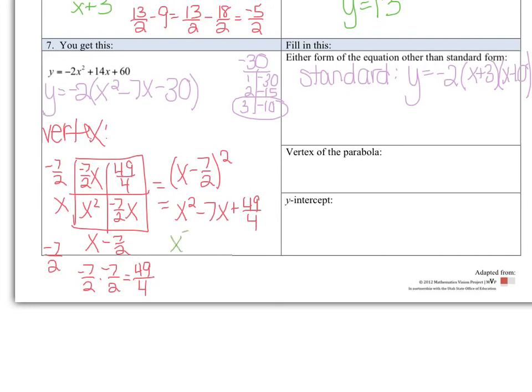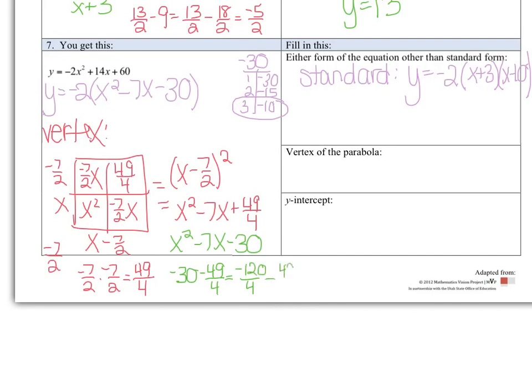What we want is x squared minus 7x minus 30. So you can use a calculator and do negative 30 minus 49 fourths, but as I've said, I'm going to do it by hand, so we need a denominator of 4 that equals negative 30. Well, negative 30 times 4 is negative 120, so negative 120 fourths equals negative 30.